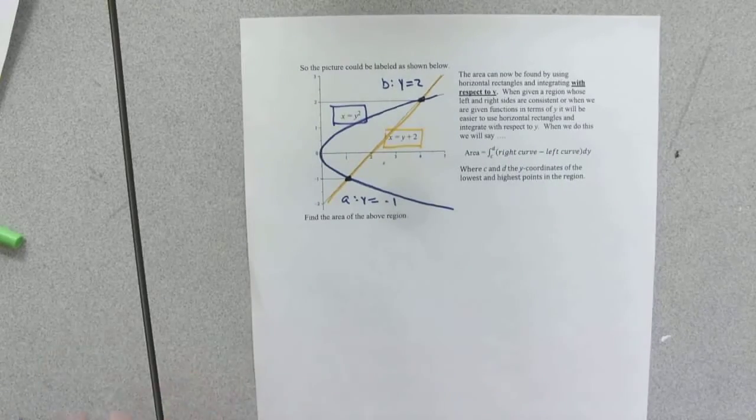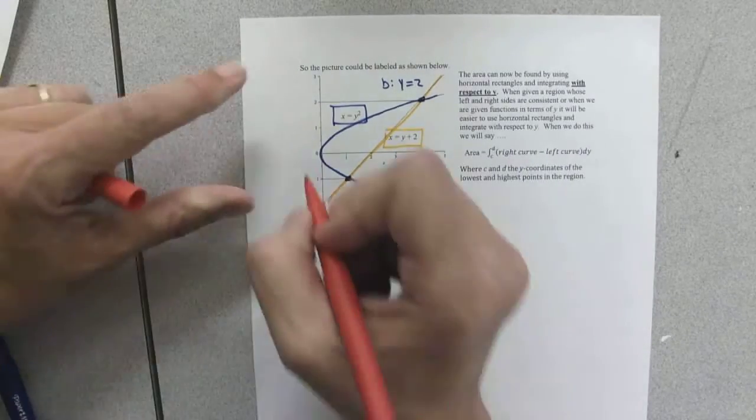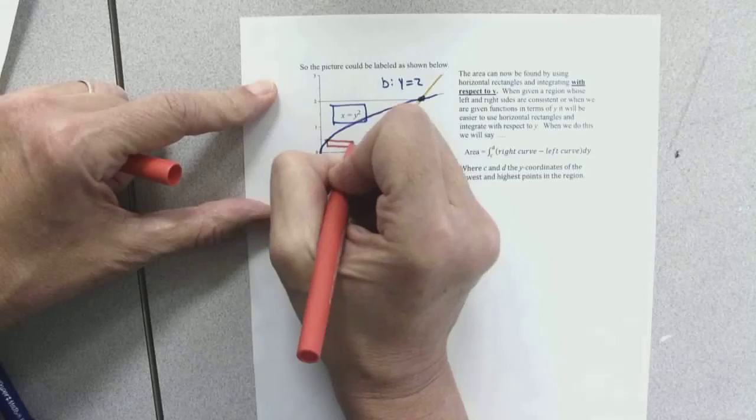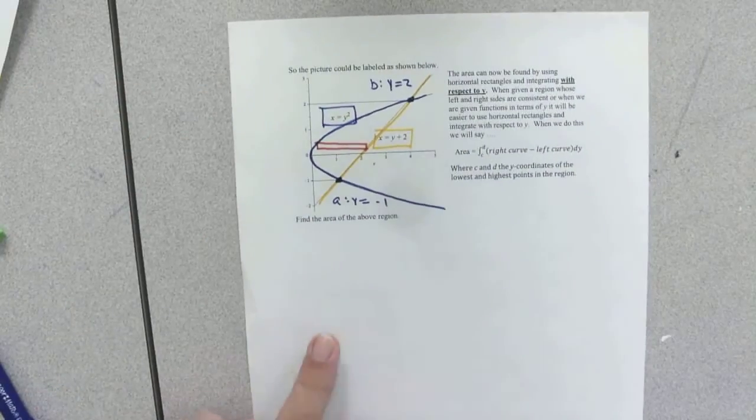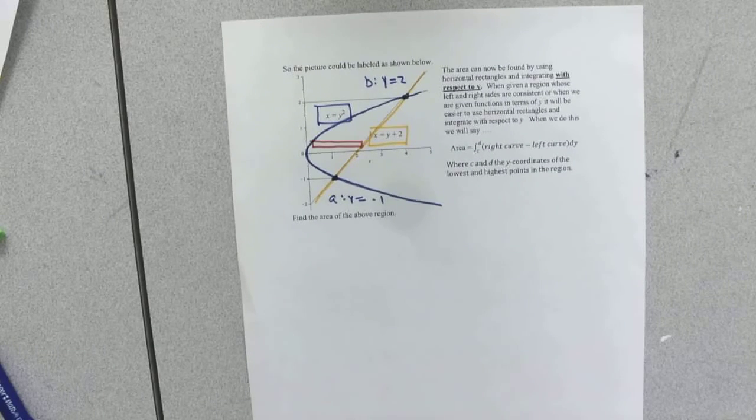And so I'm now ready to integrate with respect to y, thinking about horizontal rectangles. And so then it says in words there, the area can now be found using horizontal rectangles and integrating with respect to y.